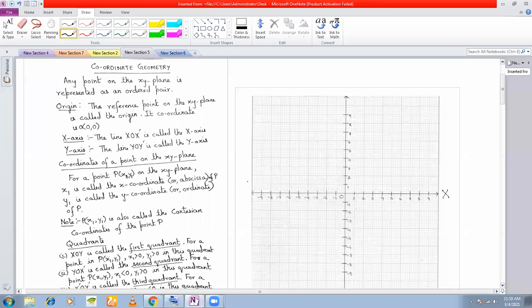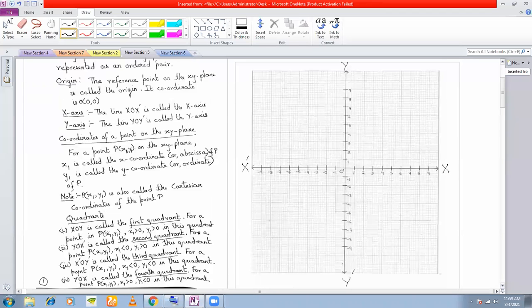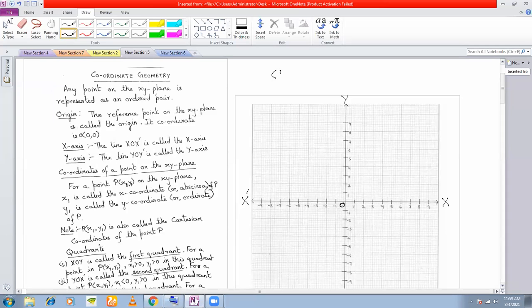X dash, X, Y, and you have Y dash. This is your origin. Any point on this graph is represented with the help of a pair of numbers. Let us take the pair of numbers as 3, 4. Then which point will be 3, 4?